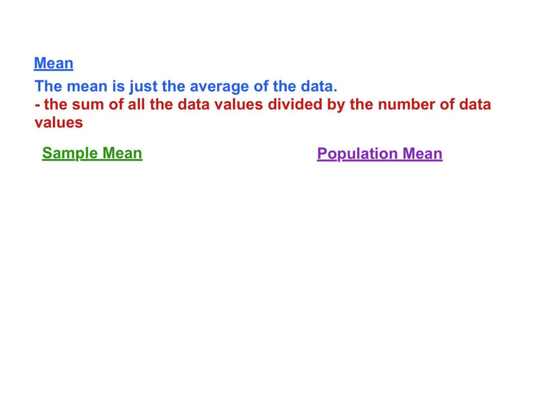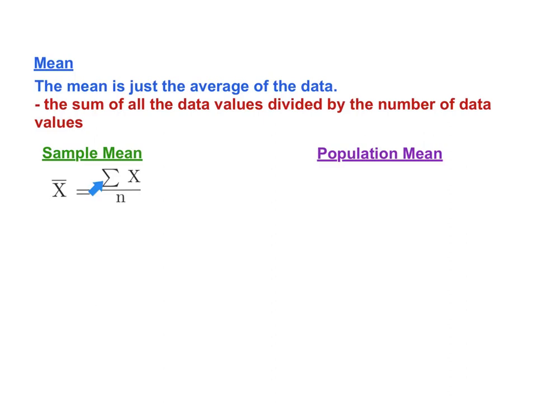So for the sample, this is some mathematical notation that I'm going to talk you through. The sample mean, the way that we indicate we're talking about the mean, is we have a capital X with this bar over it. This means sample mean. Anybody know what this sigma is?